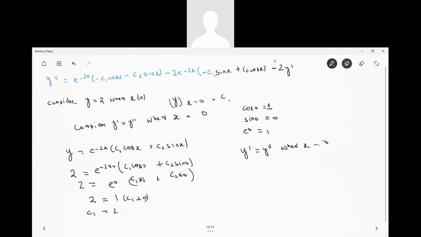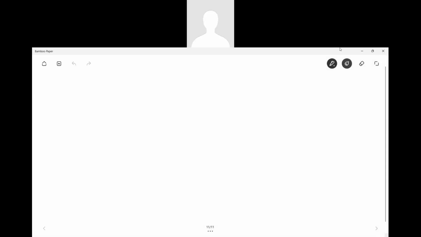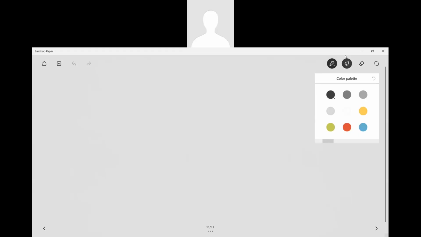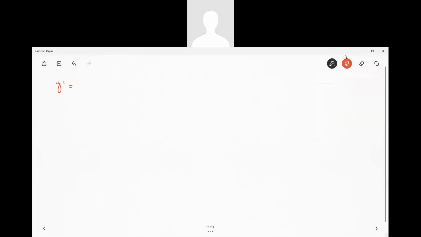So go for the y dash value. Now the y dash value happens to be this: y dash is equal to e power minus 2x, minus C1 sine of x plus C2 cos of x, and minus 2y, correct?